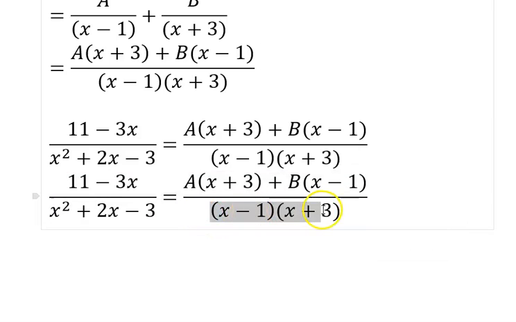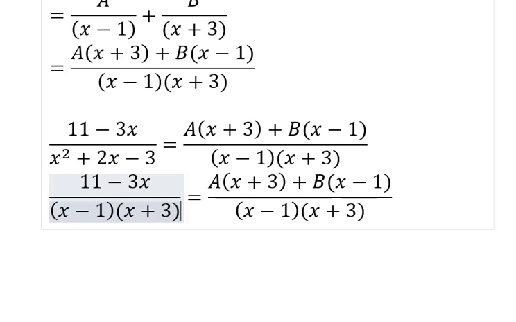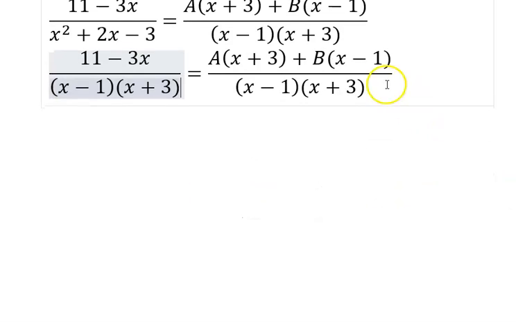So since what we have here is still the same thing as this, because we actually factorize this to be this. Now since this denominator is the same, we can also equate our numerator. Okay, for record purpose, let's just put it down.